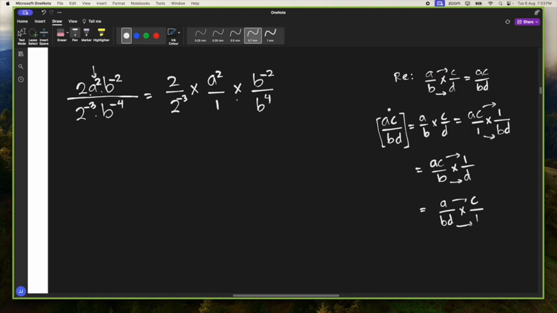So I didn't really change anything there. If I multiply this out, I will get back the numerator. If I multiply this out, I will get back the denominator.